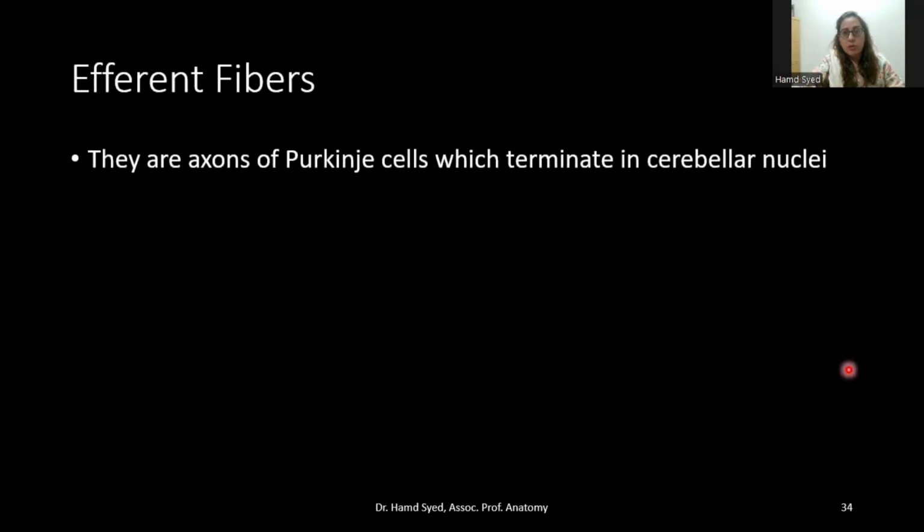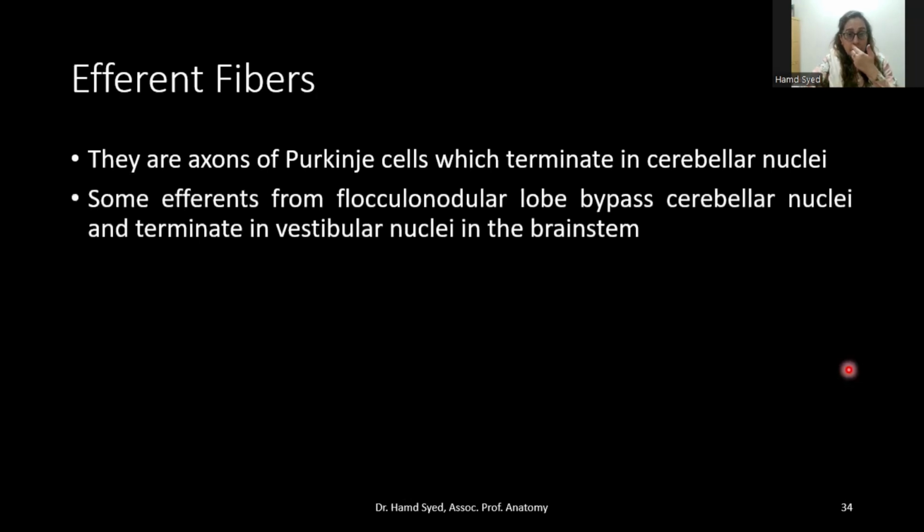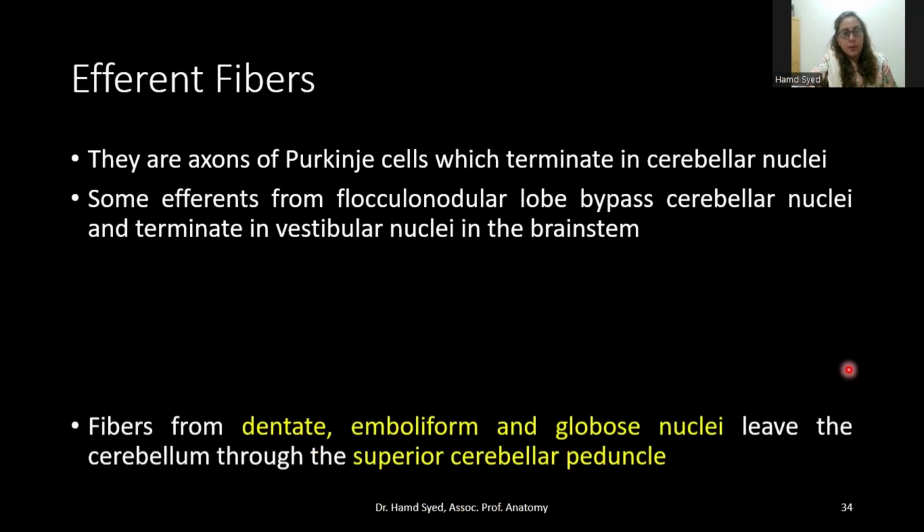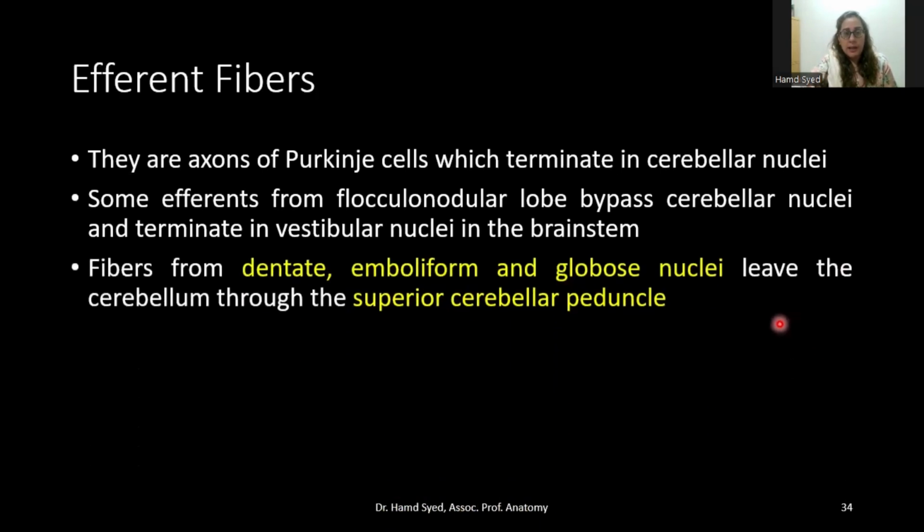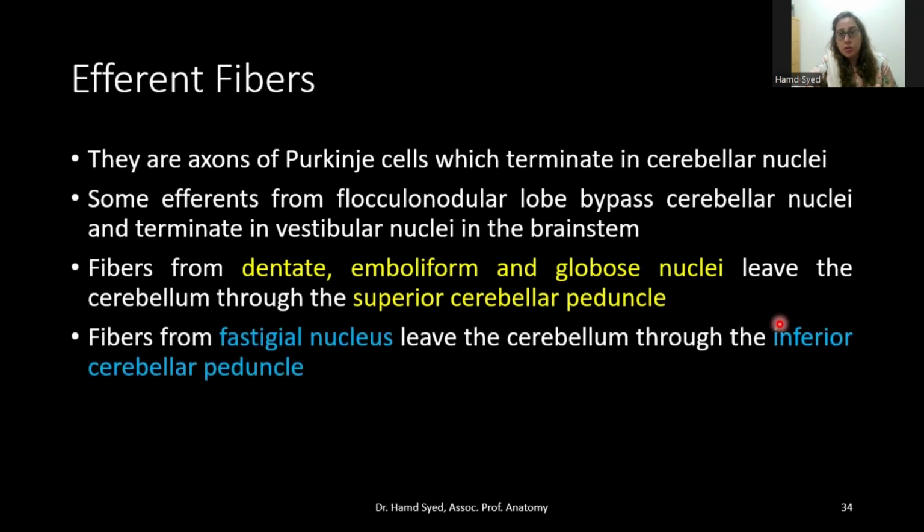They're axons of Purkinje cells, and those axons terminate in cerebellar nuclei, but some efferents from the flocculonodular lobe bypass cerebellar nuclei and terminate directly in vestibular nuclei in the brainstem. And the fibers from dentate, emboliform, and globose nuclei leave the cerebellum through the superior cerebellar peduncle. But the fibers from the fastigial nucleus leave the cerebellum through the inferior cerebellar peduncle.